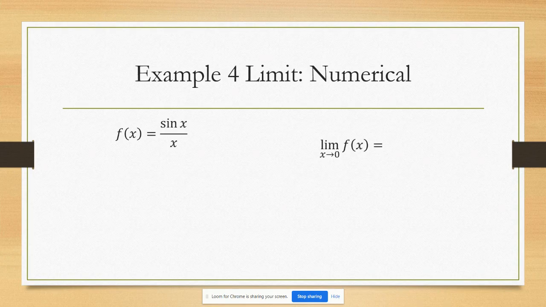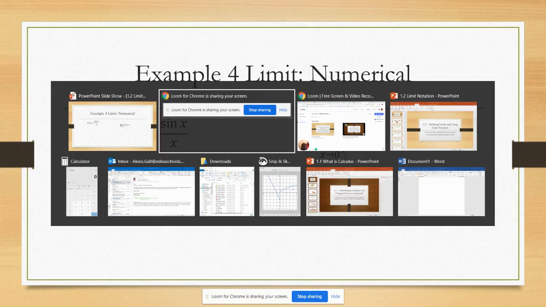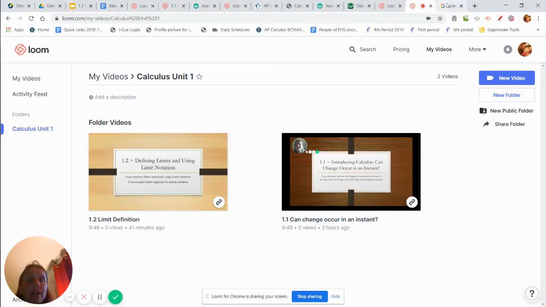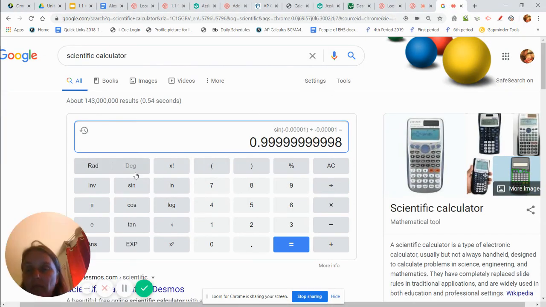So what we're going to do is grab our calculator and do some experimenting. I'll grab a scientific calculator here. Make sure you're in radians. So if I do sine of 0.1 divided by 0.1, that's pretty close to 0.